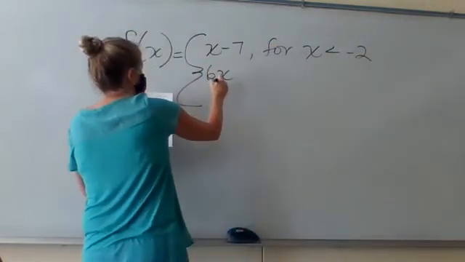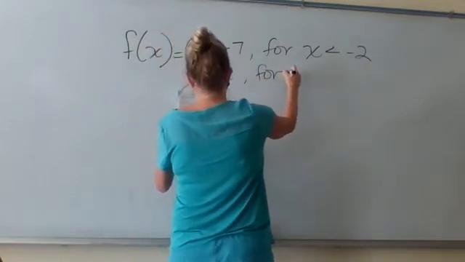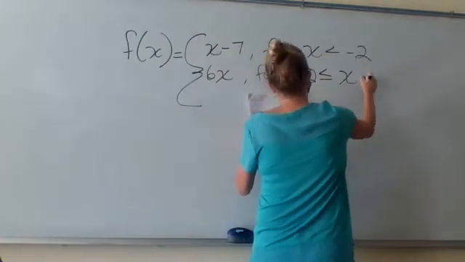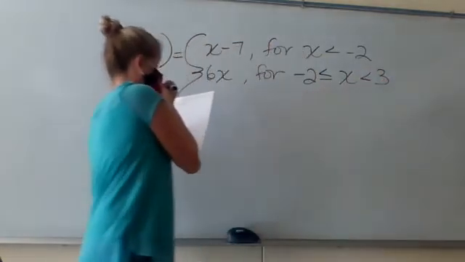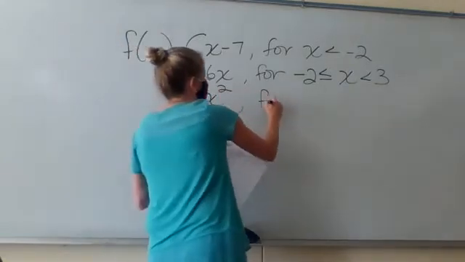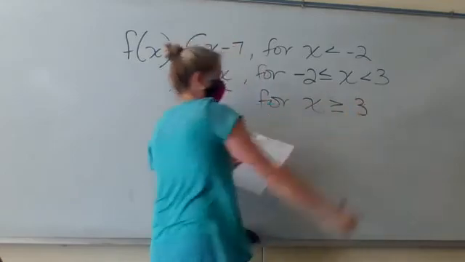F of x equals 6x for negative 2 less than or equal to x, which is less than 3. And f of x equals x squared for when x is greater than or equal to 3.